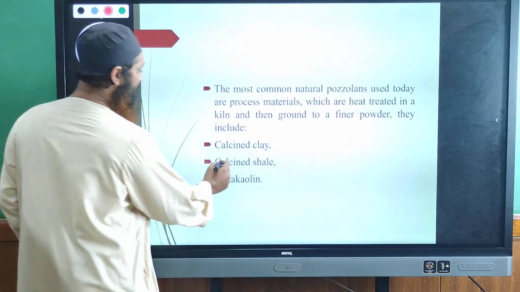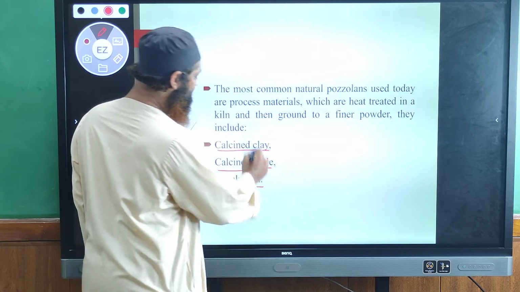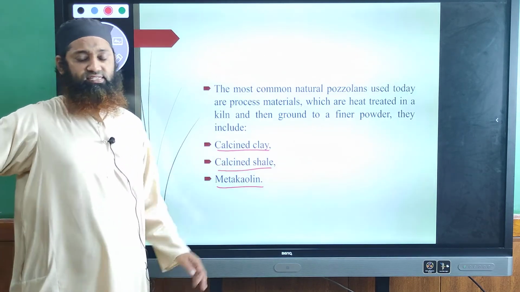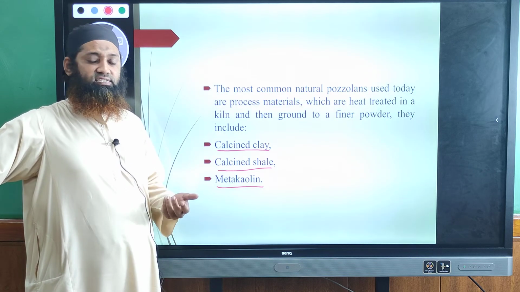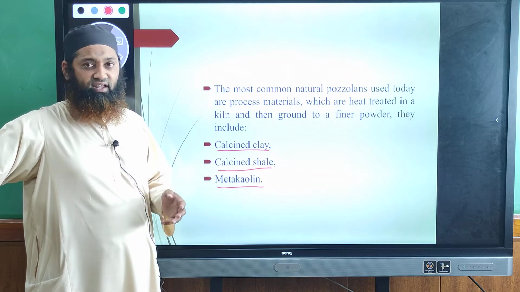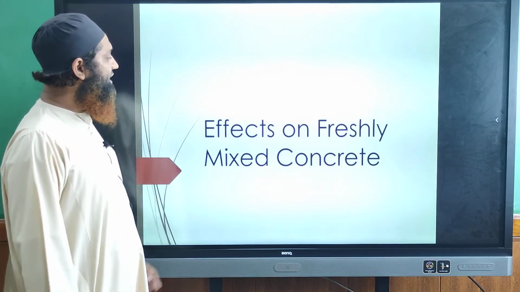Those are calcined clay, calcined shale and metakaolin. These three have performed very well. These were natural minerals, but they had to be treated and changed into a different form which could be used.